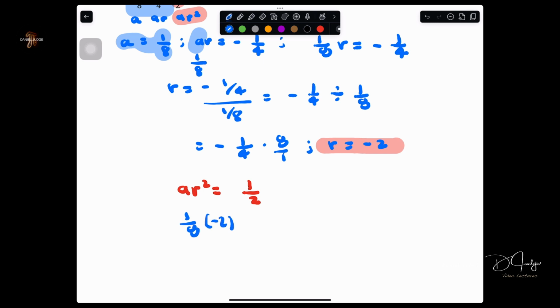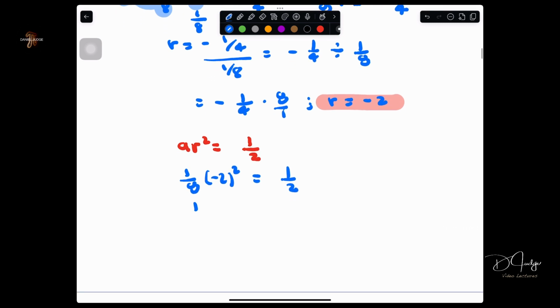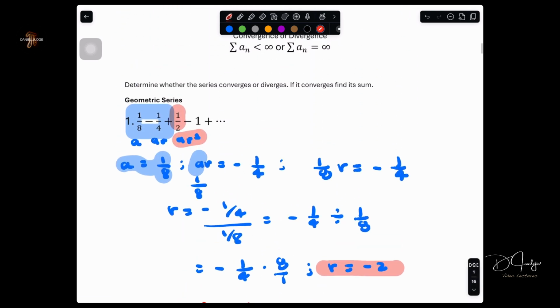R is negative 2. We have to square that. So we get 1/8 times 4, sure enough, is in fact 1/2. Okay, 4/8 is 1/2. So yes, we have a geometric series.